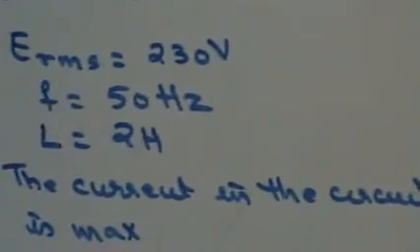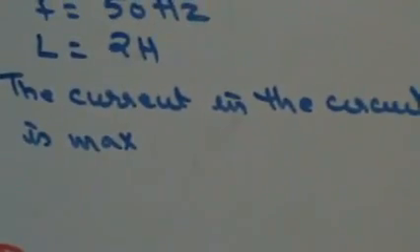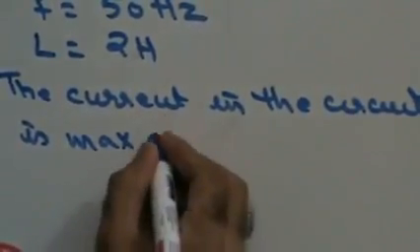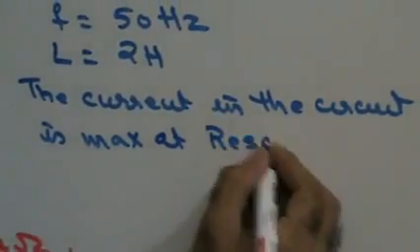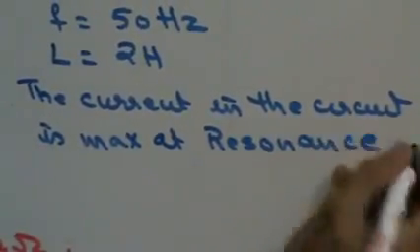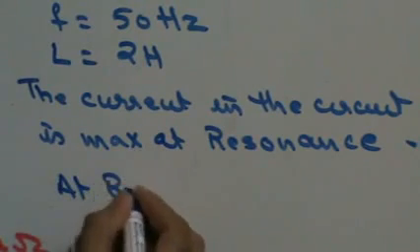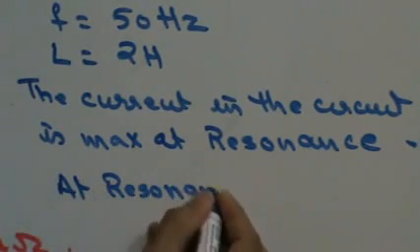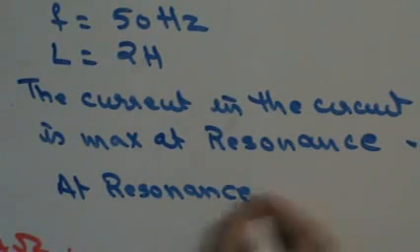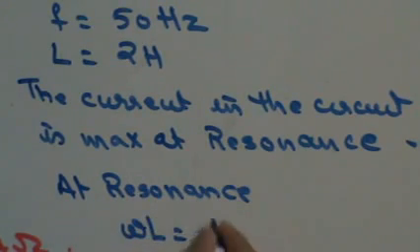Right? Now, when will the current in the circuit be maximum? The current in the circuit will be maximum at resonance. Right? And at resonance, we know that omega L is 1 upon omega C. Resonance is when the inductive reactance becomes equal to the capacitive reactance, right?